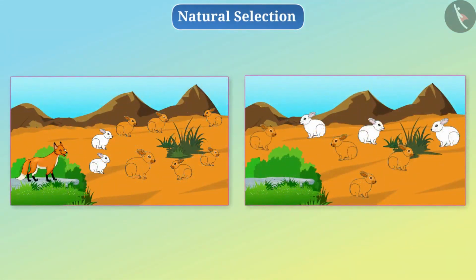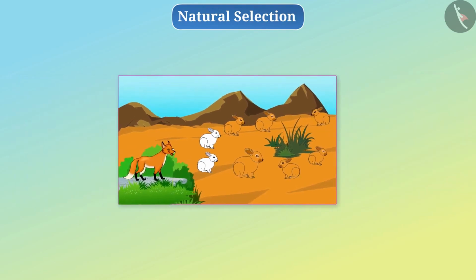Let me tell you, this change has occurred with the arrival of the fox on the hill. Had the fox not arrived on the hill, the situation would be different. That is, in this situation, nature has chosen brown color. Similarly, nature selects those organisms for survival and for reproduction which have the necessary adaptations to cope with the changing environment.